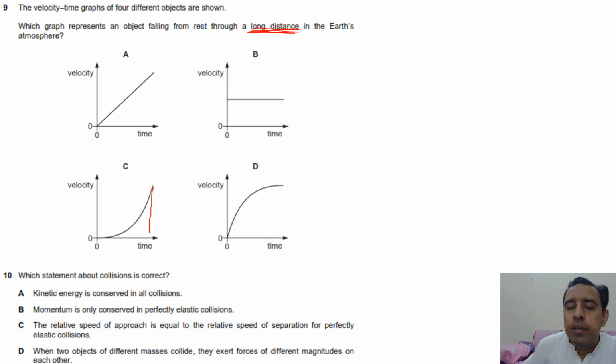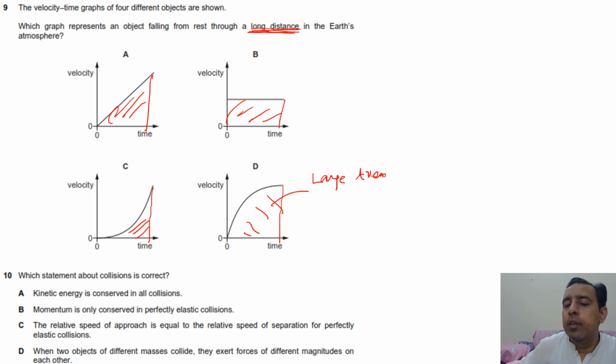If we compare this area, this area, this area, and this area, we come to know that this is the largest one. Large area means more distance, so option D is correct.